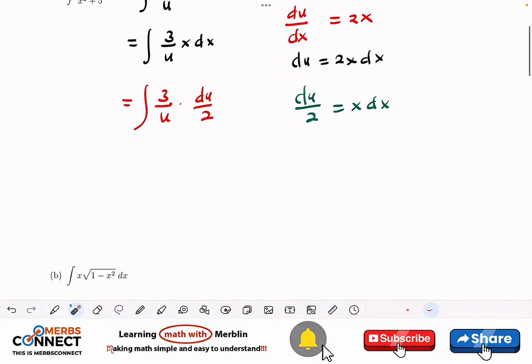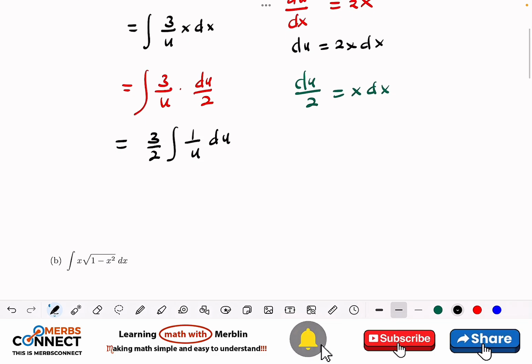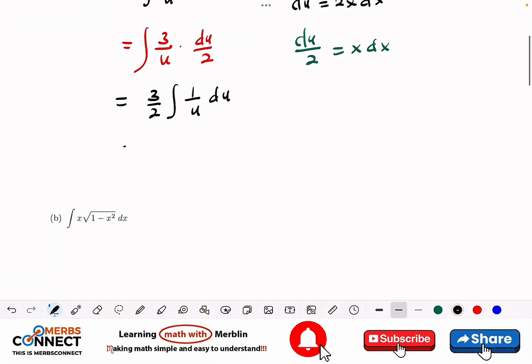So now what can I do? I can factor 3 over 2 out, and it is going to be left with 1 over u du, right? We learned that anytime we see 1 divided by something and the degree is 1, then we need to think about the natural log. So this is going to give us 3 over 2 natural log of u plus, this is indefinite, so I need to add c to it.